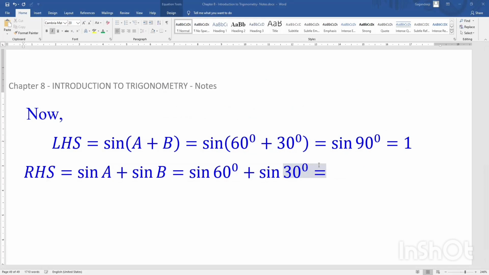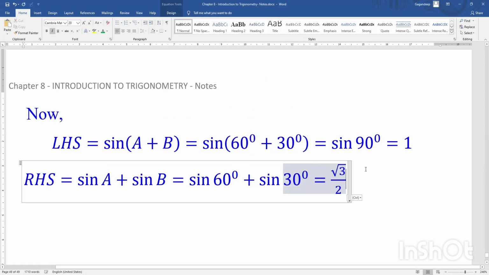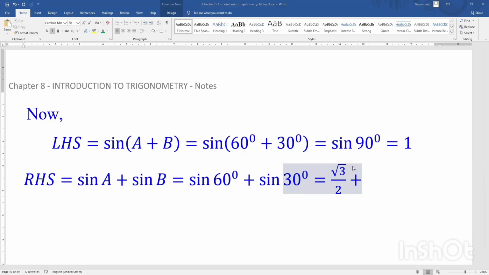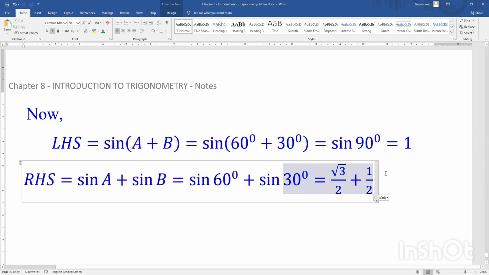So sine 60 is root 3 by 2 plus sine 30 is 1 by 2. This is equal to root 3 plus 1 by 2. So I have the answer as root 3 plus 1 by 2.